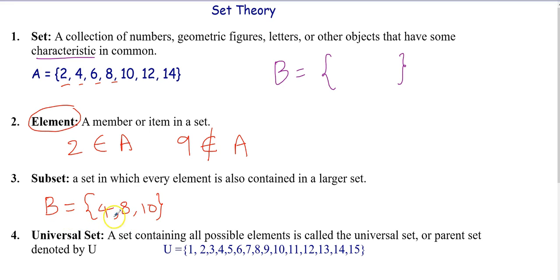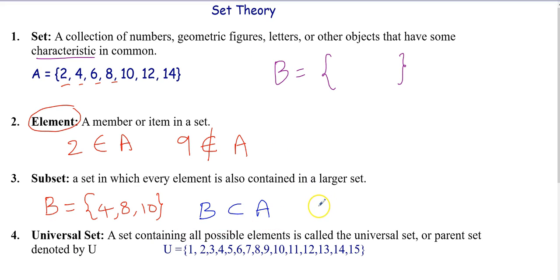So B is a set whose elements are 4, 8, 10. And we are clearly seeing that all these three elements are also present in the set A. Therefore, we can conclude that B is a subset of A. That is, every element of B is also an element of A. Therefore, we say that B is a subset of A.